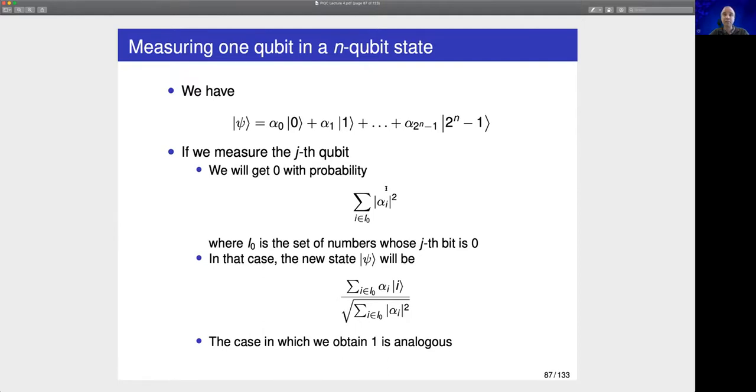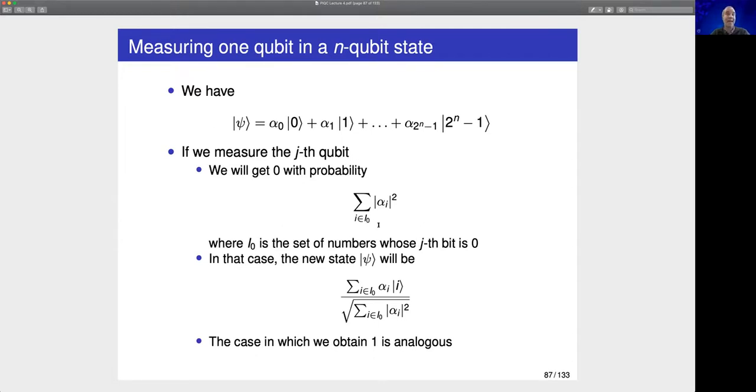And what we need to do in order to obtain the probability of measuring 0 on that particular qubit is to compute the absolute value of the amplitudes, to square that value, and to add up all those amplitudes squared. Okay, so what we have is the sum of the probability of obtaining one state with 0 in that position, or another different state with 0 in that position. And we do this for all the different possibilities that are consistent with measuring 0 in that position.